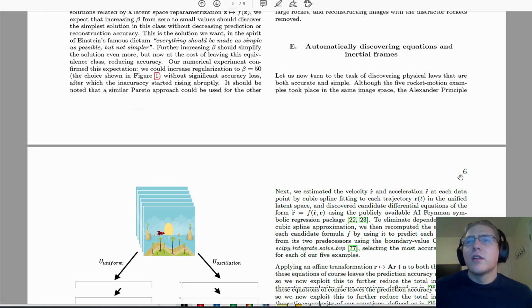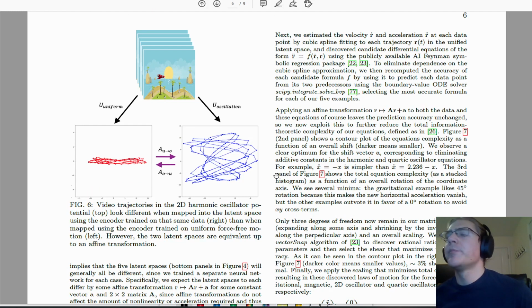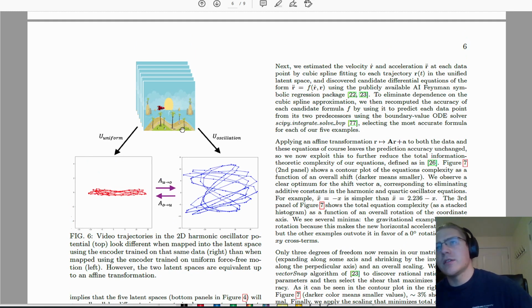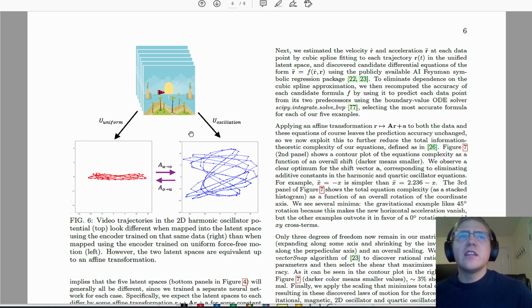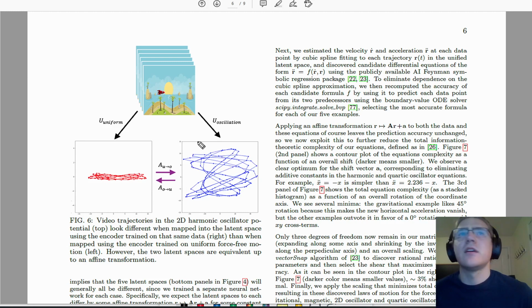Oh yeah, there's one more thing here. It turns out that when they do that, the latent spaces that they learn for different equations of motion end up being related to each other. In this case, these were just rockets moving with constant velocity. These were rockets moving under a simple harmonic oscillator.